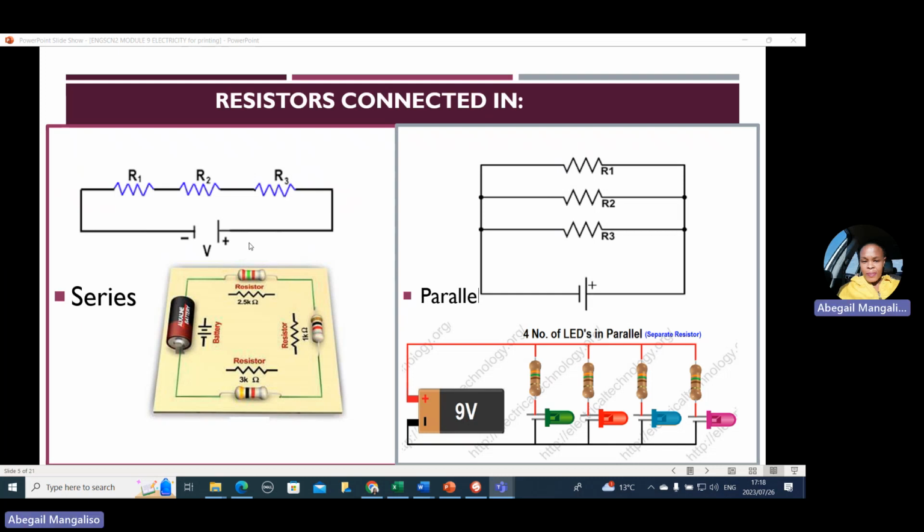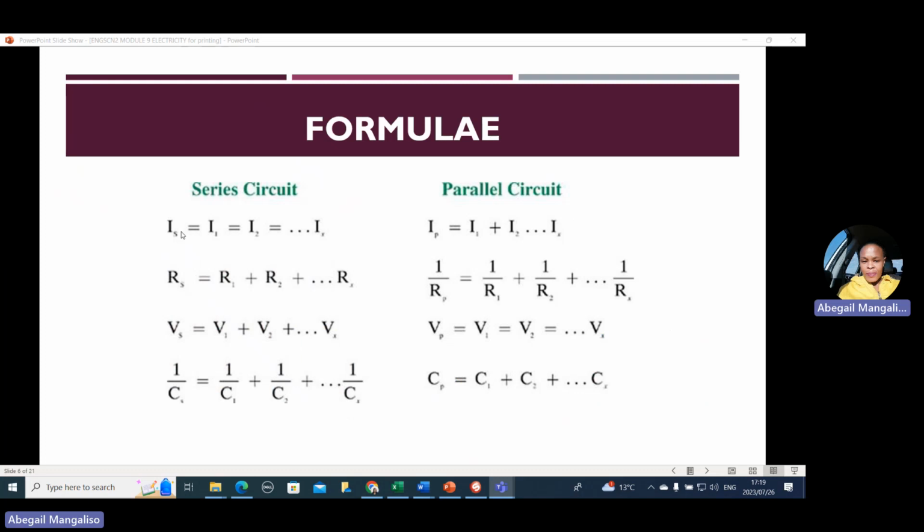When resistors are connected in series, or even valves, electrical components, they have a resistance. If they are connected in series, the current will be the same. The formula for a series circuit is I1 is equal to I2 equal to I3, depending on how many components are connected in series.